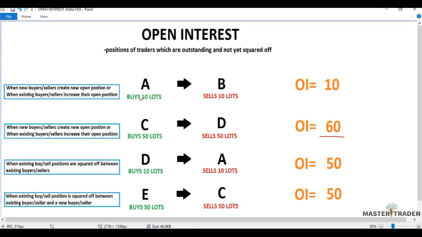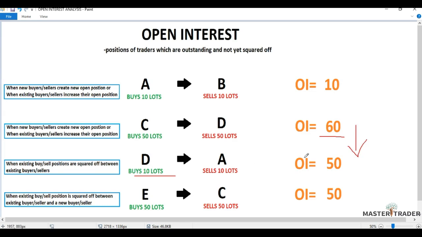Earlier A bought 10, so now A is selling the 10 lots, and an existing player is buying from A. When there's a transaction between existing traders, that will not increase the open interest, that will decrease the open interest, because D is buying the 10 lots from A. So this will reduce the open interest by 10.